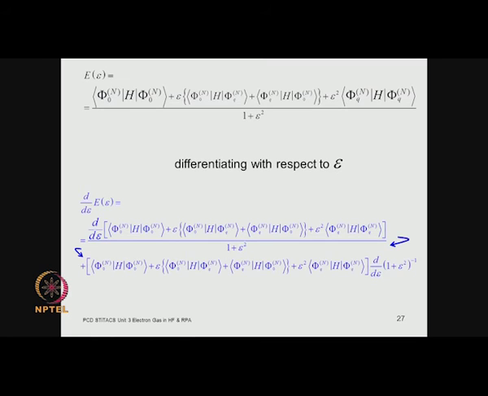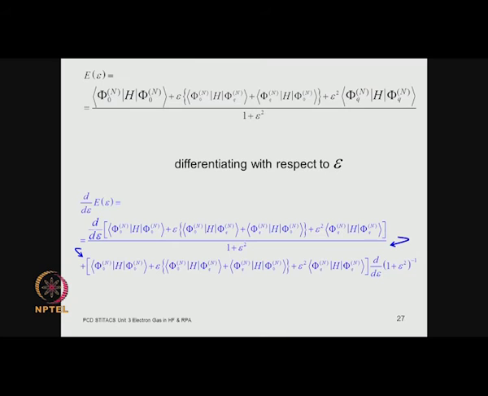All I have done here is to differentiate the energy functional with respect to epsilon. So, it is the differential of the numerator divided by the denominator plus the numerator times the differential of the denominator. So, it is this differential that we are examining.